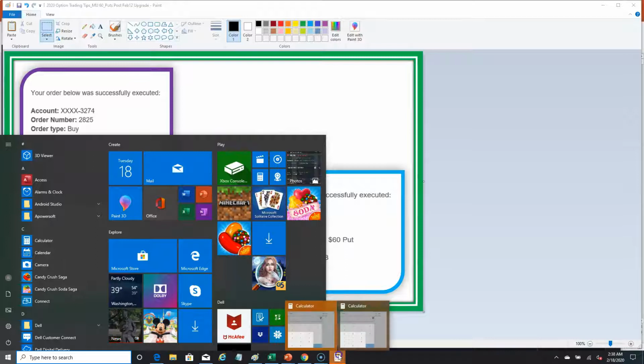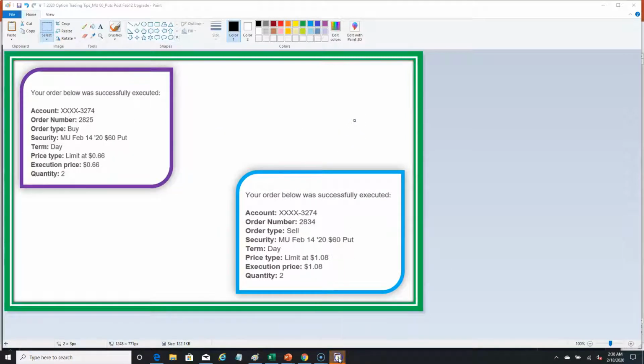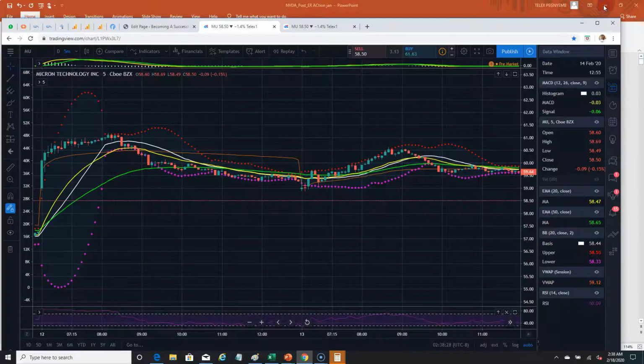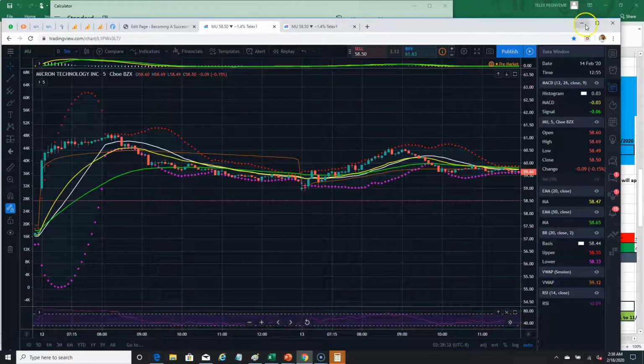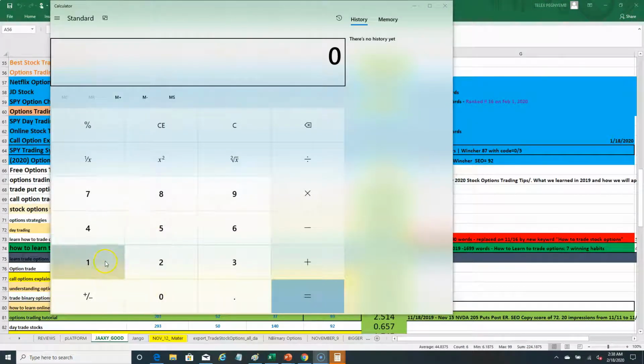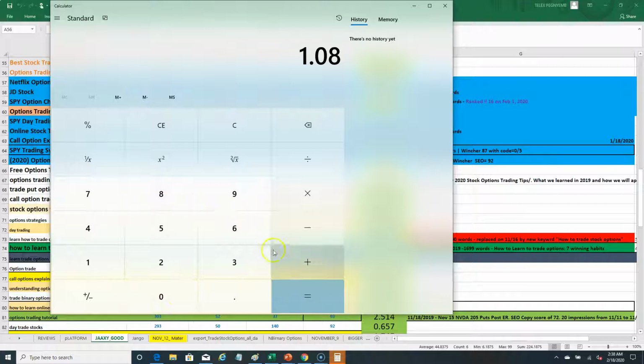So for us here, since my computer is having some glitches, how much did we get on here? So $1.08 minus 0.66, divided by 0.66.